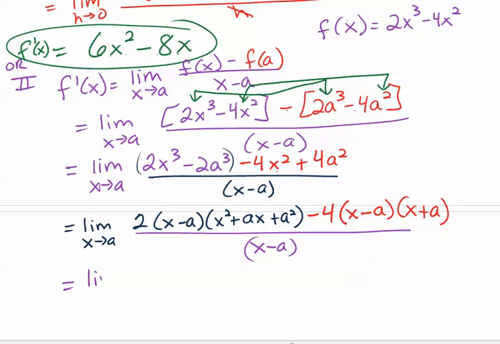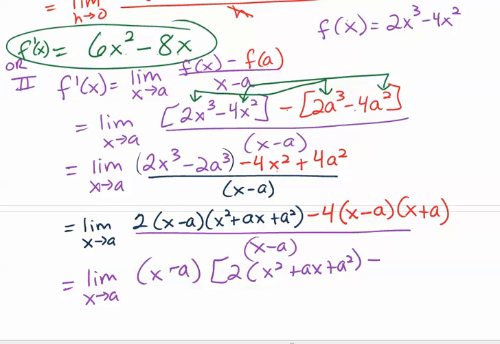I'm actually going to take that out of the terms. So it's okay if you skip a couple steps along the way here. Just make sure you don't skip too much. So I'm pulling out the x minus a. So these are our leftovers.